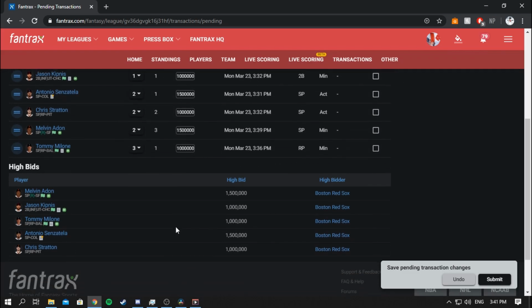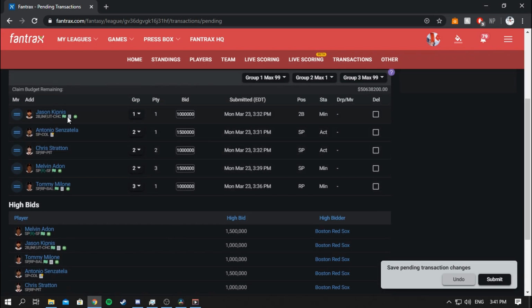So if you see that you're not the high bidder, you still want to stick with your plan up here on what you have in mind in terms of players you want. Someone else might go in and make their list 10 people long and say, I only want 5 starting pitchers.